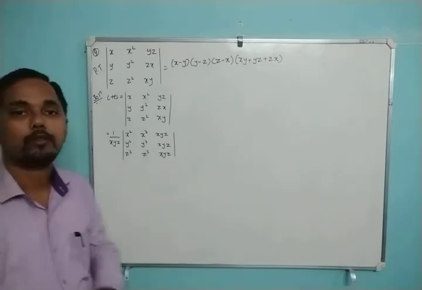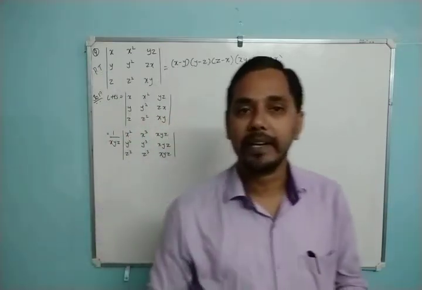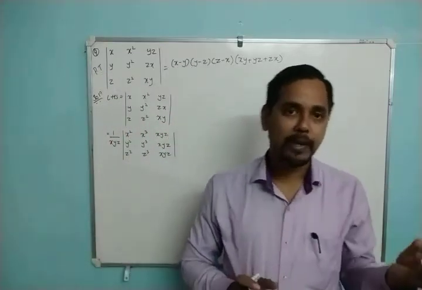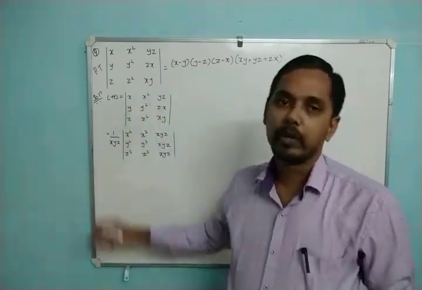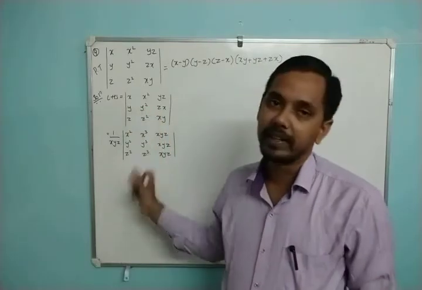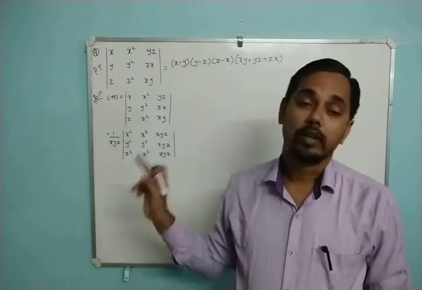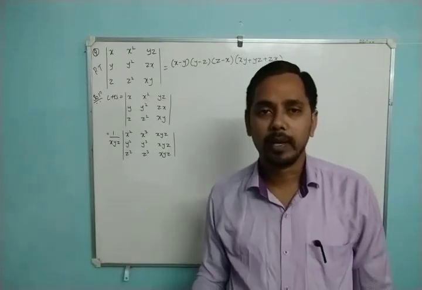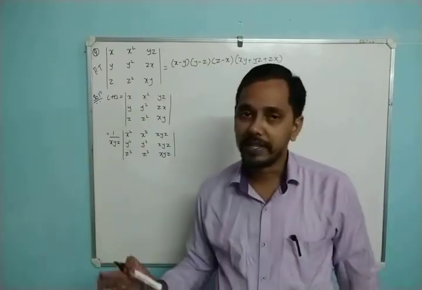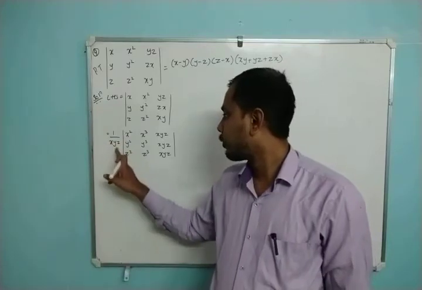So I hope you have understood. Whatever I am multiplying, I should divide it. Right? So if I am multiplying by x, I should divide it by x also. So whatever is divided by x, that came out as 1 by x. Whatever is divided by y, that came out as 1 by y. Whatever was divided by z, that came out as 1 by z. So 1 by x into 1 by y into 1 by z was outside. So that was nothing but 1 upon xyz.